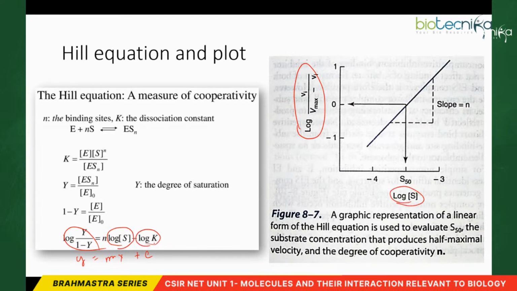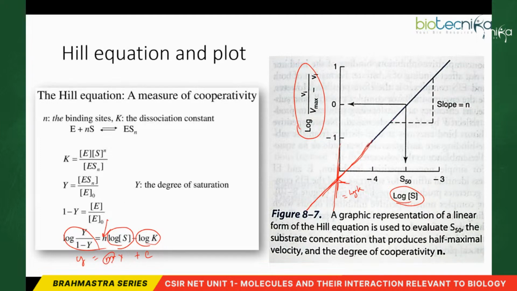Then this represents the y-intercept, that means where the graph line is crossing the y-axis. Since here it is crossing in the negative, it will be minus log k. So from the graph you can also find out the dissociation constant, and m would be the slope.